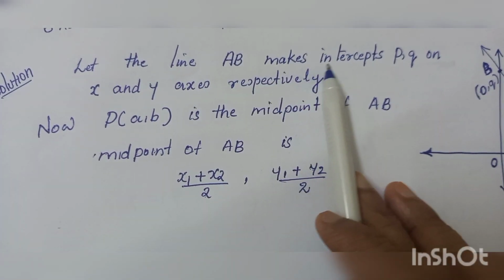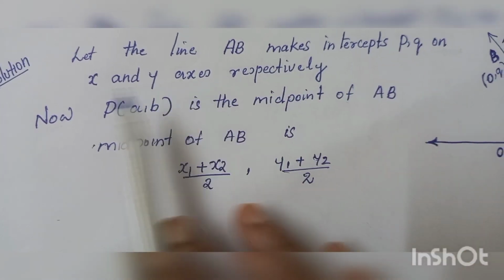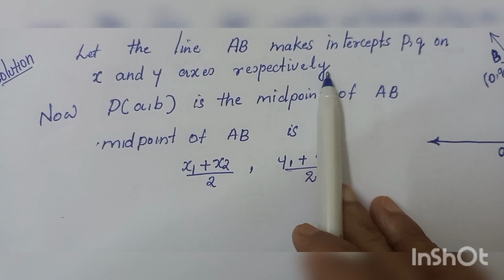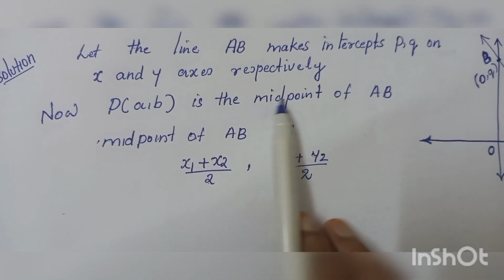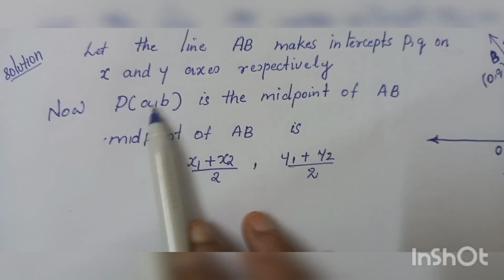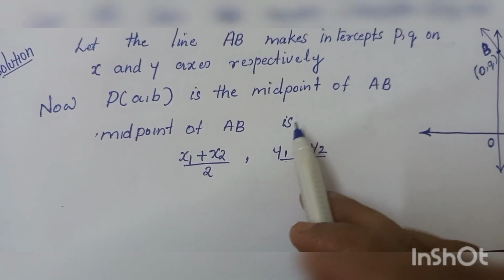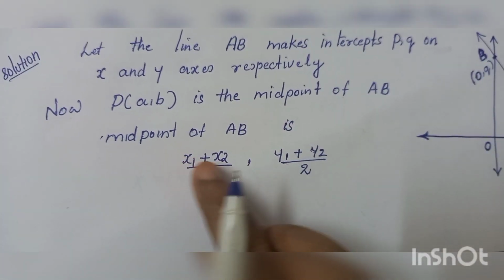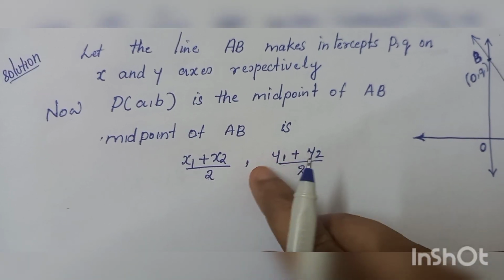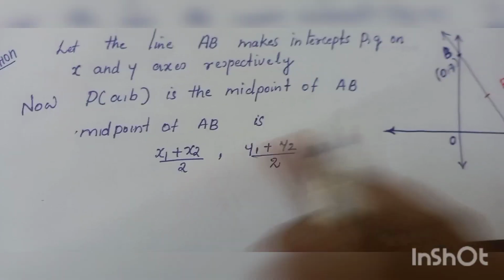Let the line AB make intercepts p, q on the x and y axis respectively. Now P of AB is the midpoint of AB. This is given. How will you find the midpoint of AB? The midpoint formula is x1 plus x2 by 2, comma, y1 plus y2 by 2. Let's look at this picture.